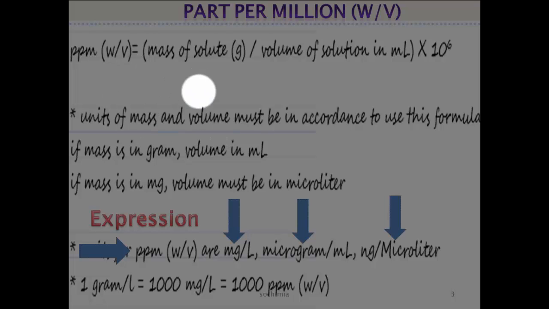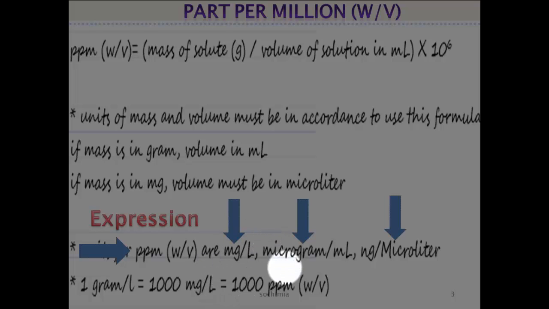And normally the expressions which are used to denote part per million in terms of concentrations, it could be like milligram of solute per liter of solution is parts per million.